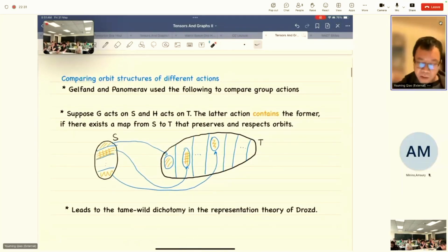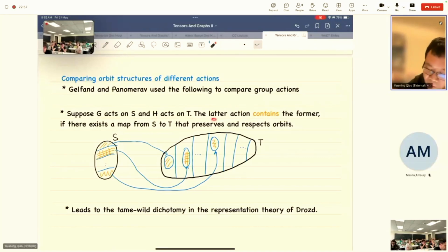At some point, Gelfand and Ponomarev wanted to study the so-called orbit structures of different group actions. Okay? And then they proposed this very natural definition. So suppose you have two group actions, a group G acting on a set S, and another group H acting on a set T.